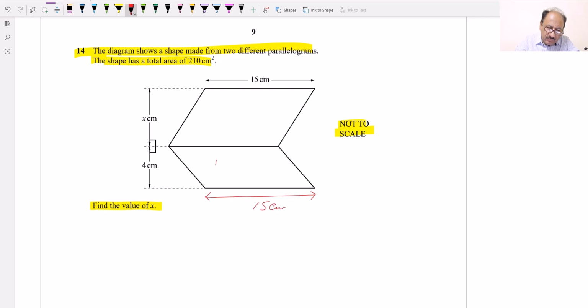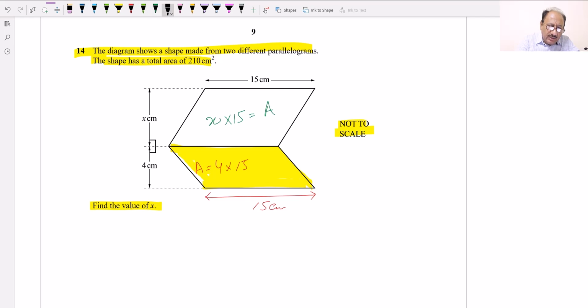So the area of this will be 4 into 15, and this area is for the lower shape parallelogram, and for the upper one, we multiply x, which is height, by 15, and this will be the area.